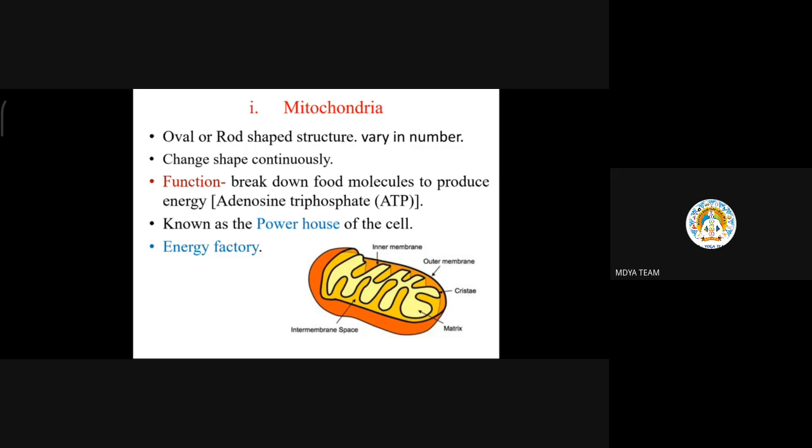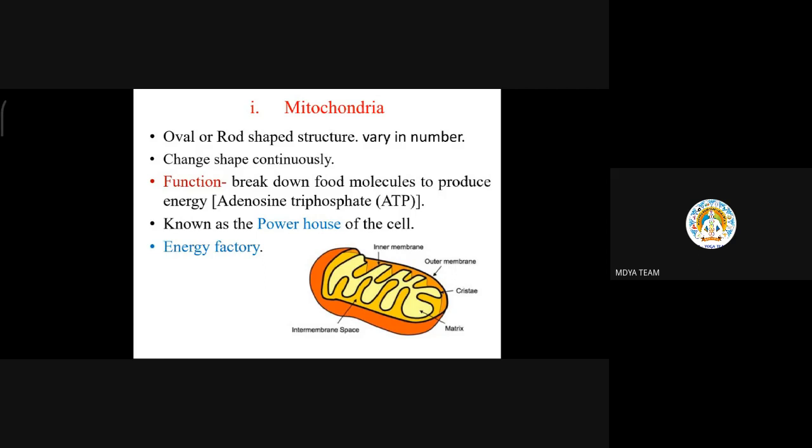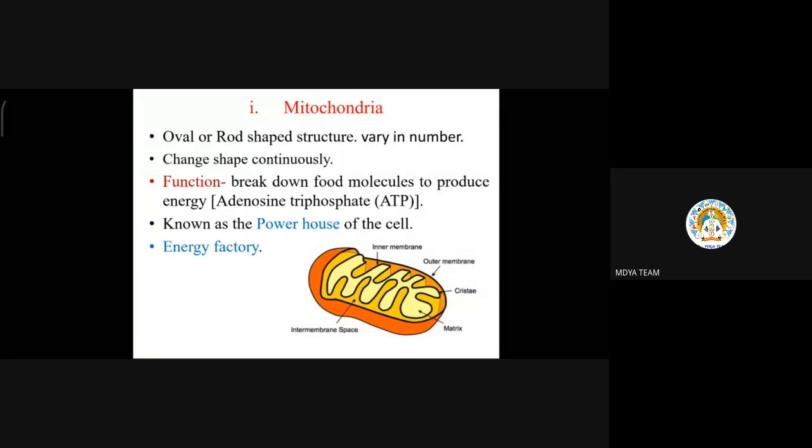The food molecules we consume, like rice or chapati or vegetables, any type of food, are broken down here and converted into ATP.